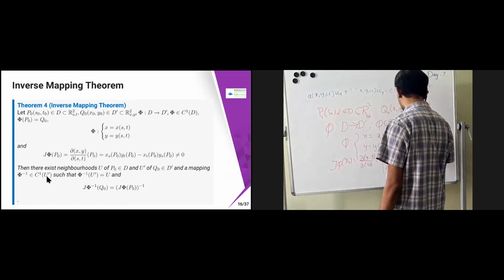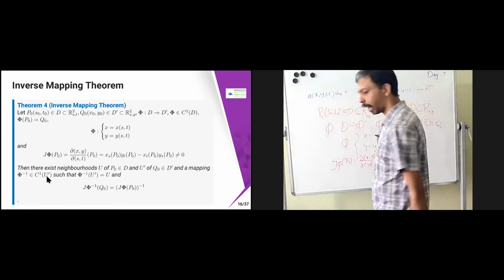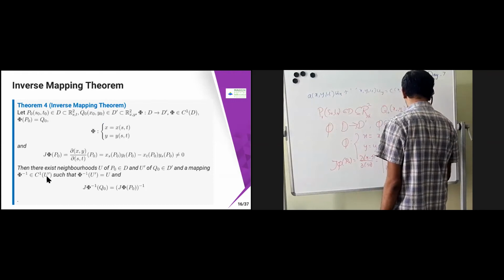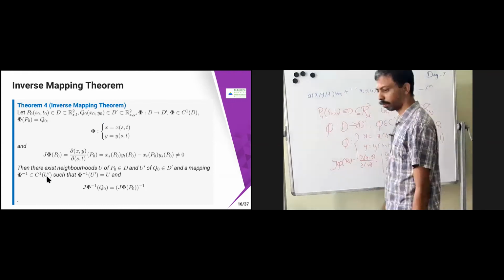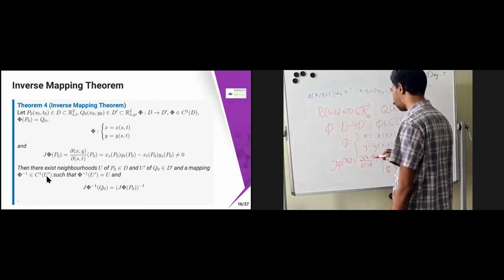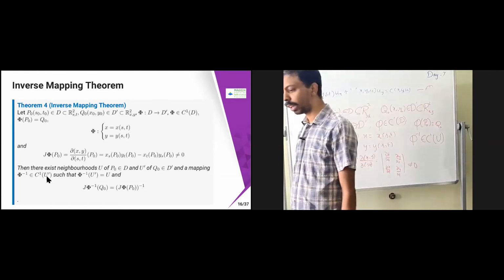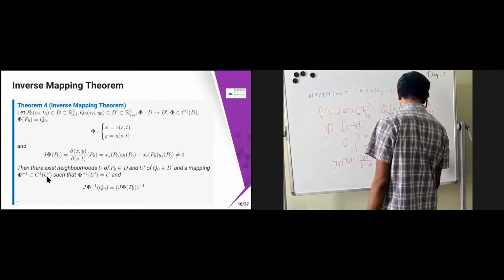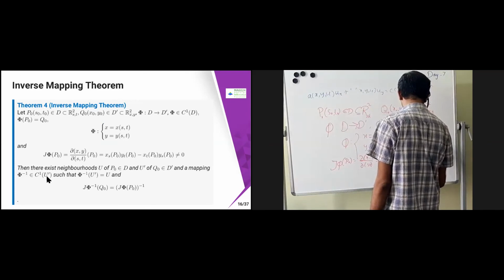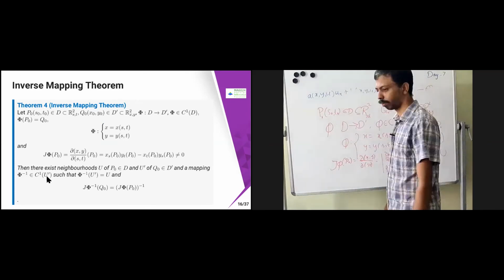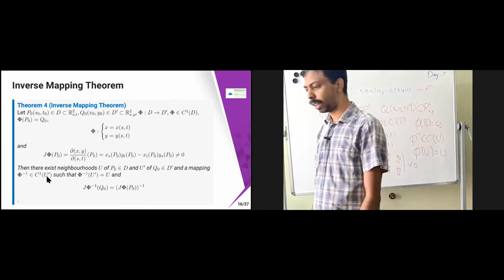So pi inverse exists and belongs to C1 of U dash, such that pi inverse of U dash equals U. So this is the consistency.